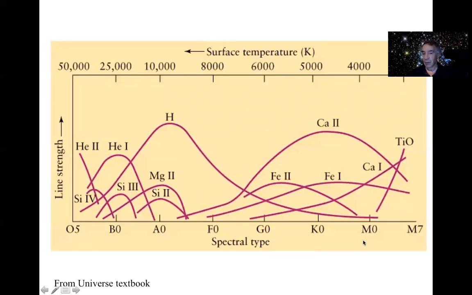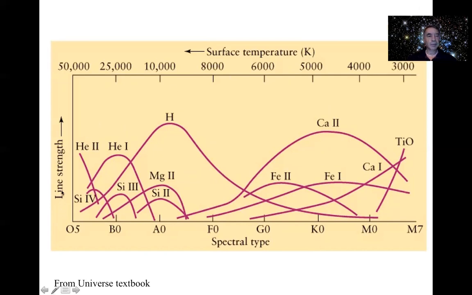Now, this is a complicated looking diagram. I want you to just follow along with me and focus on one particular curve here to start with, the one labeled H. Let's focus on the top scale here rather than the bottom one. This is a temperature scale.